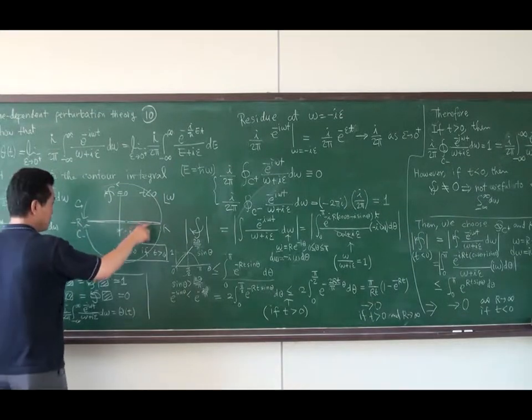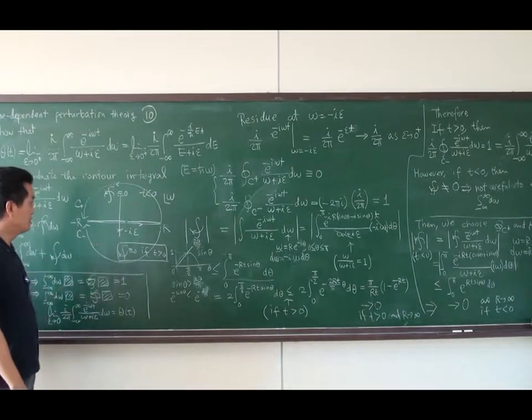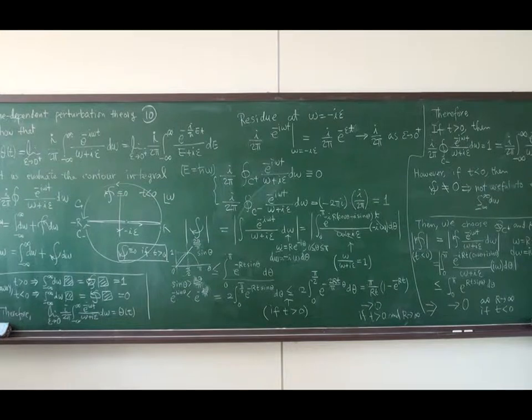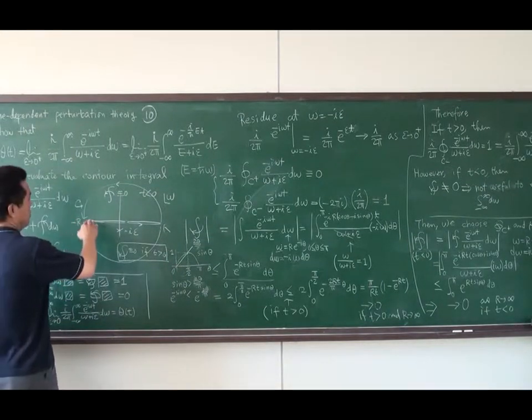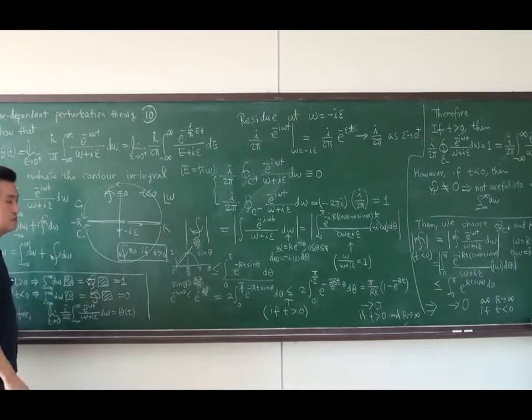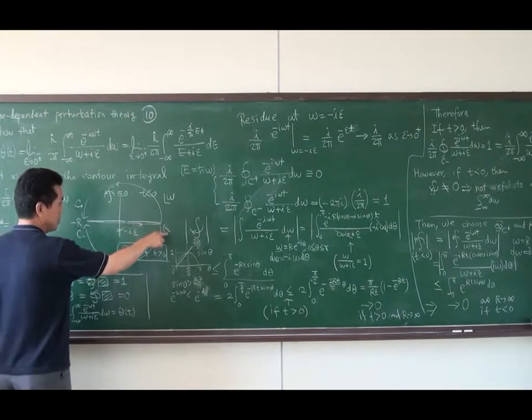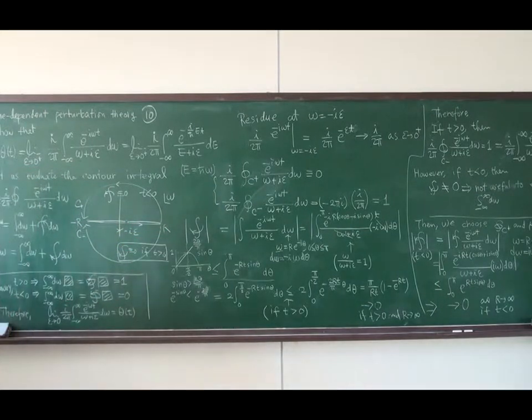And if we close the contour along the lower half plane, then this integral is non-zero. The problem is whether this contour integral is exactly the same as the integral from minus R to plus R, where R goes to infinity.